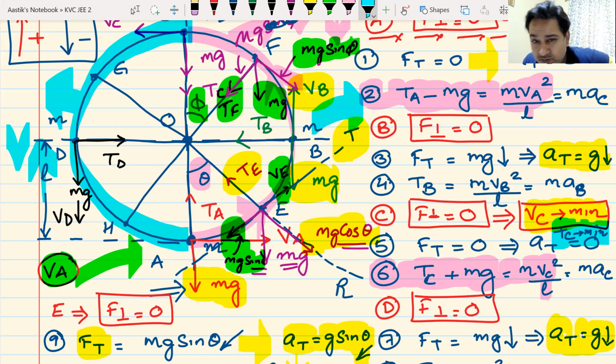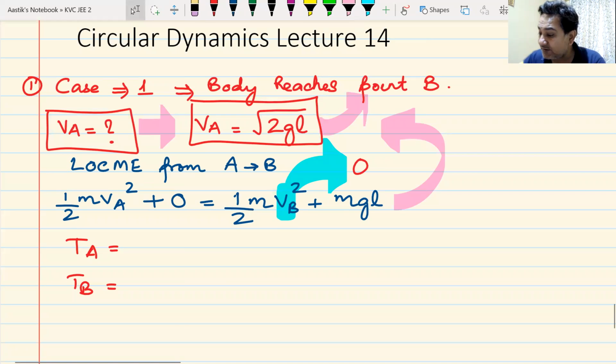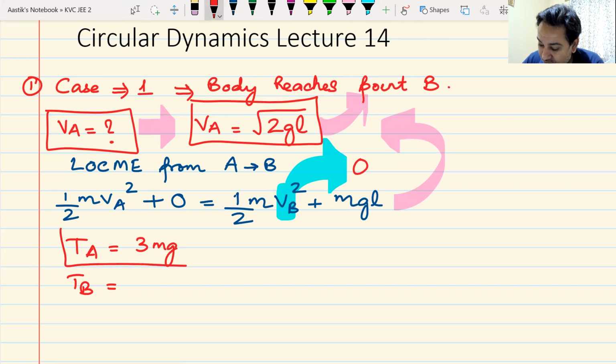You cancel out the common terms and you end up with the answer, which would be 3mg. Do we all understand this? Tension at point A would be 3mg.